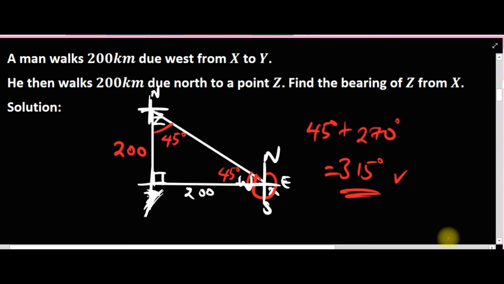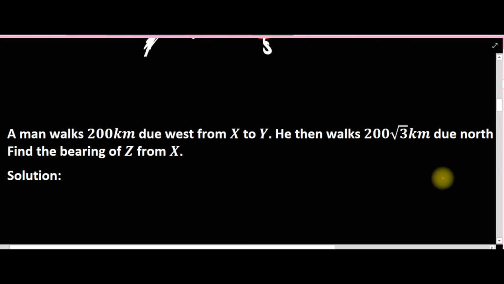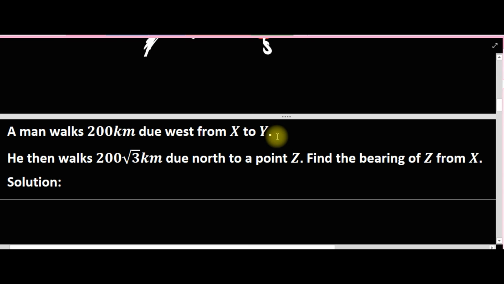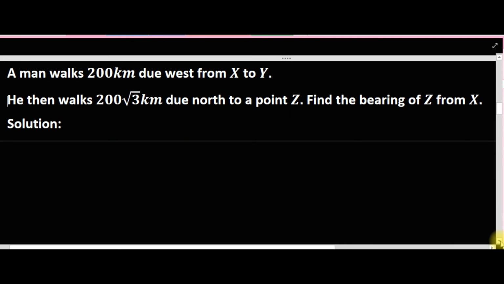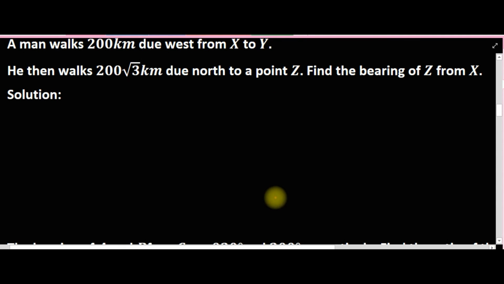So the next question. The man walks due west from X, almost the same thing, but they have a different figure.